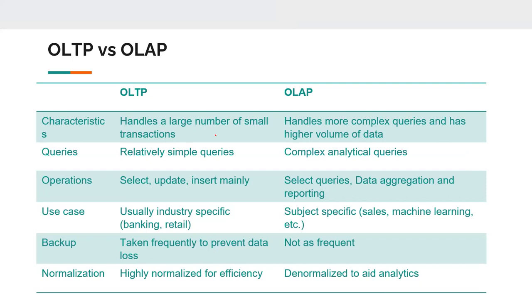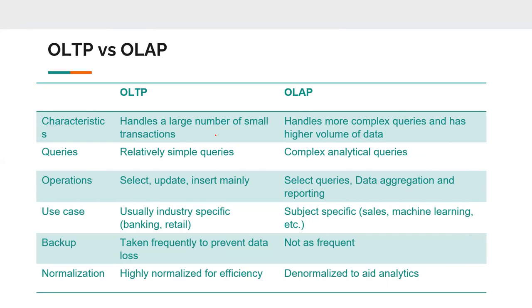And then use cases. OLTP is usually specific to the banking and retail industry, maybe commercial or e-commerce platforms like Amazon, or banking platforms like GT Bank, First Bank. For those, the OLTP workload is very important.